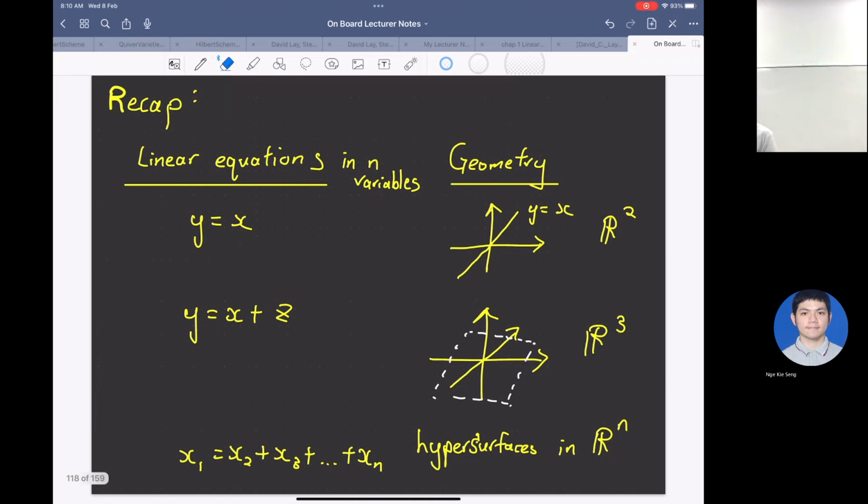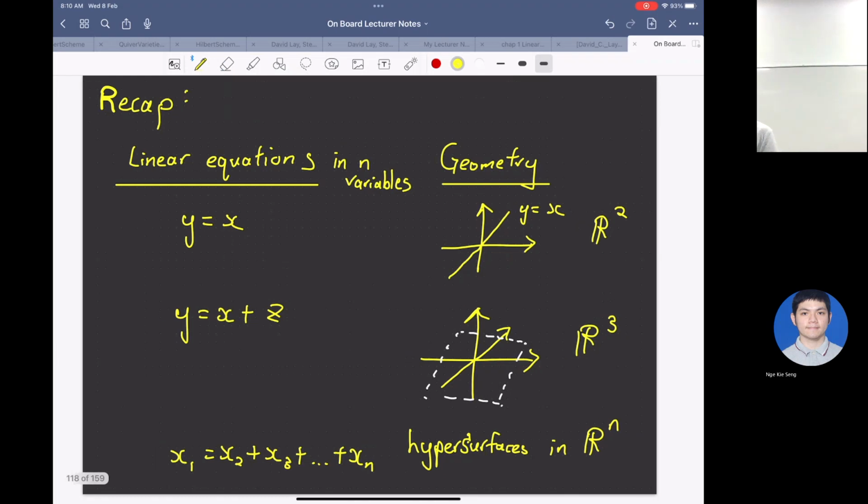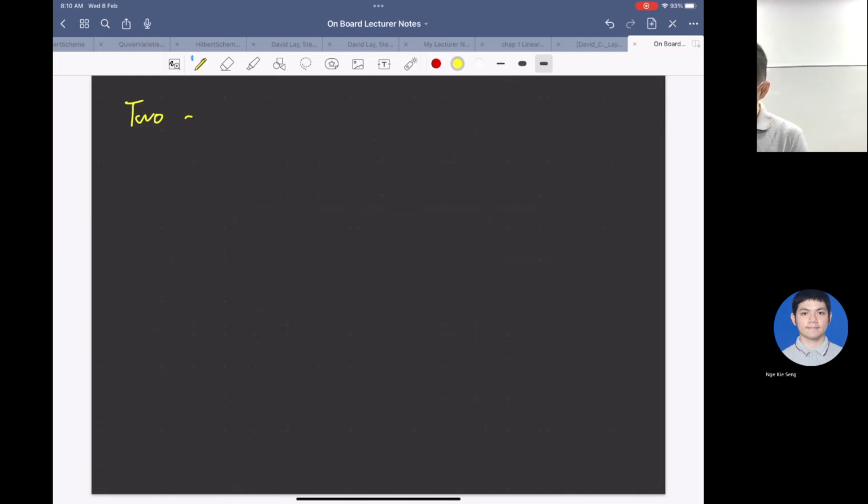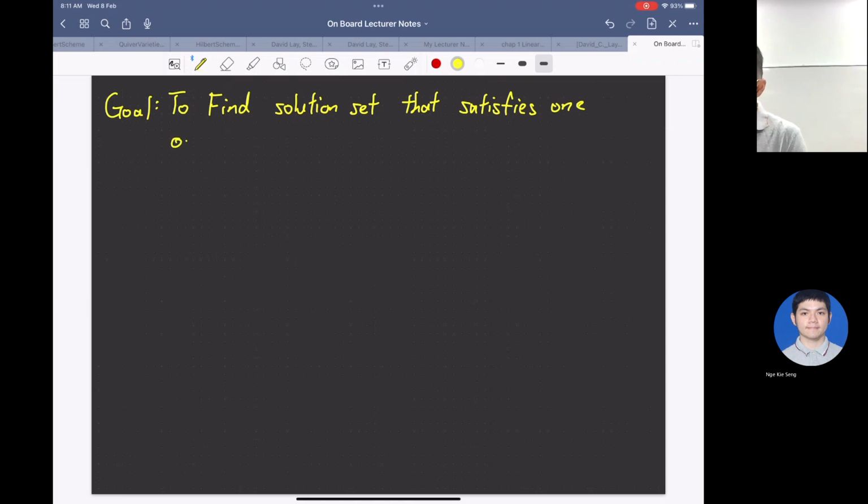So the goal is to find the solution set that satisfies the linear equations. So in geometry, we'll see how they intersect to give the solution.